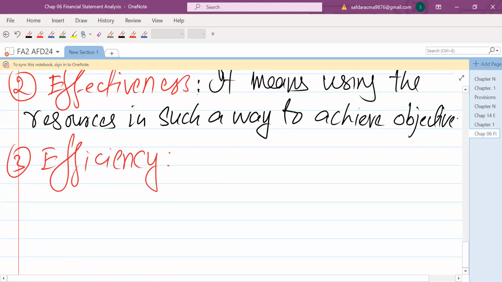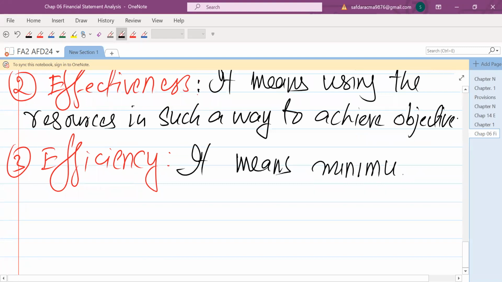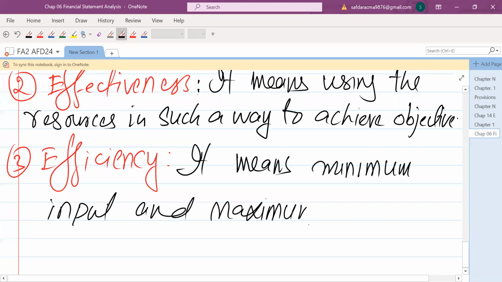Efficiency, on the other side, means minimum input and maximum output.